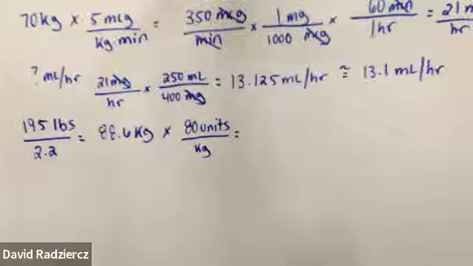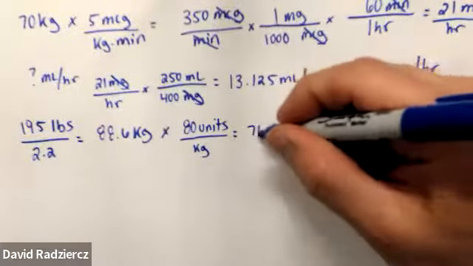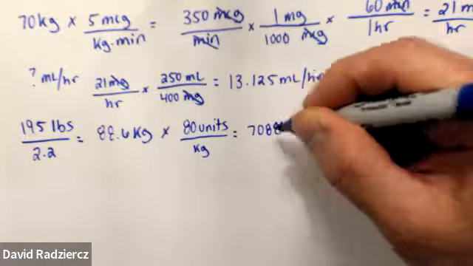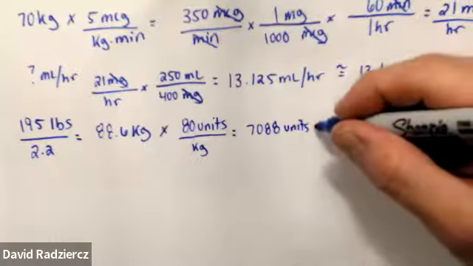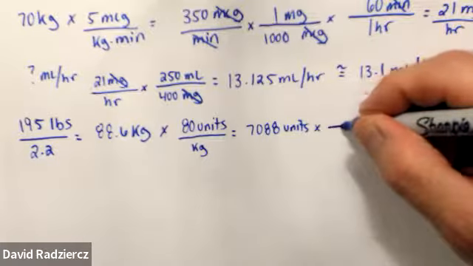I'm just confirming, because this is new for me as well, so I don't have it memorized like I do the other one. That's the same thing I got, 7,088. Then we want to convert the units to milliliters.